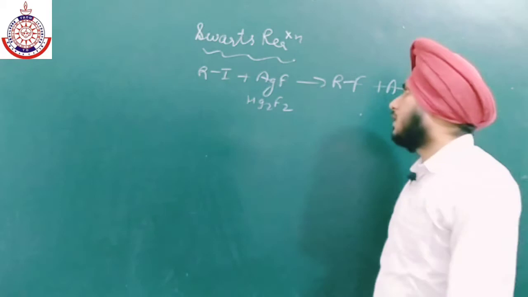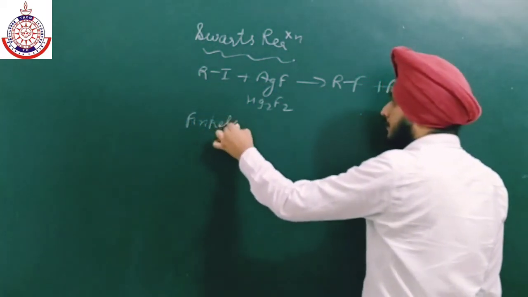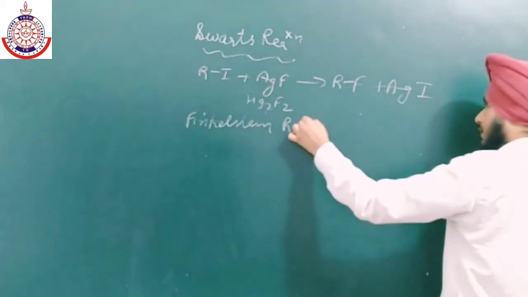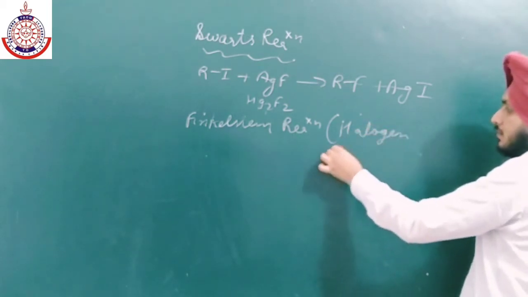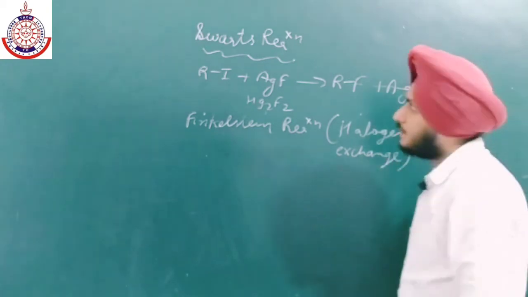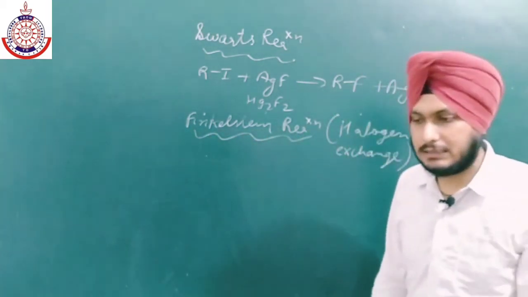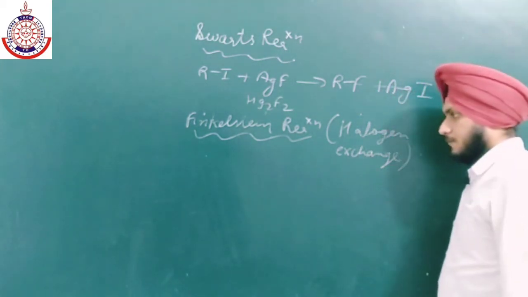We have another name reaction known as the Finkelstein reaction, also known as the halogen exchange reaction, and this reaction is very important. In this reaction we use acetone as a solvent, and the reactant is a sodium halide.